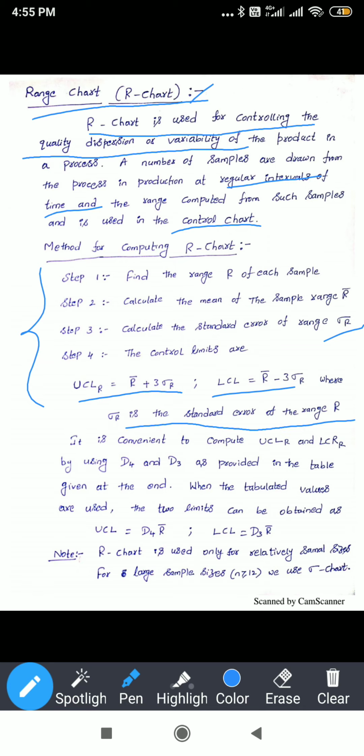It is convenient to compute UCL and LCL by using D4 and D3 values. These values we get from the statistical tables. When the standard error is not given in the question, we use these statistical values D4 and D3 as provided in the table.